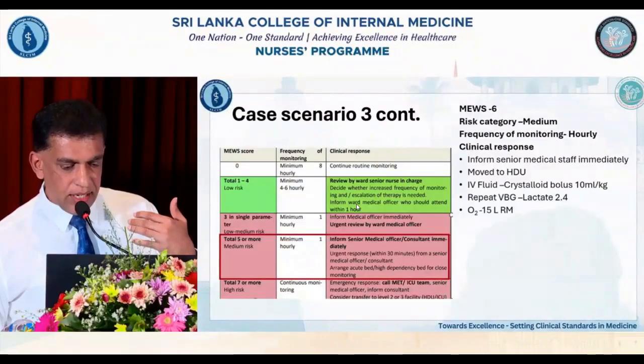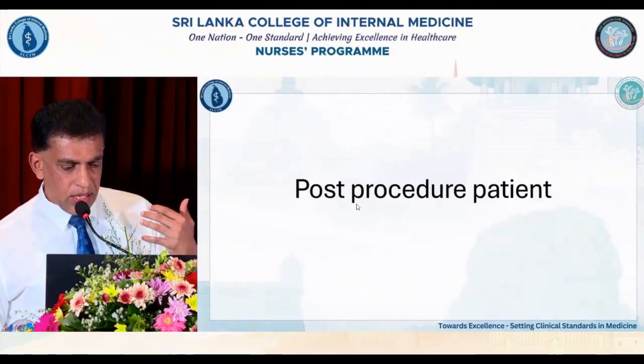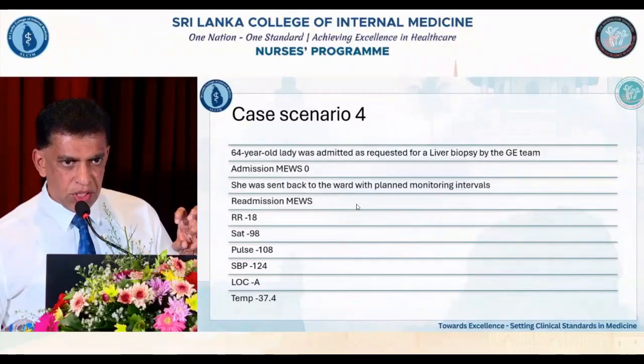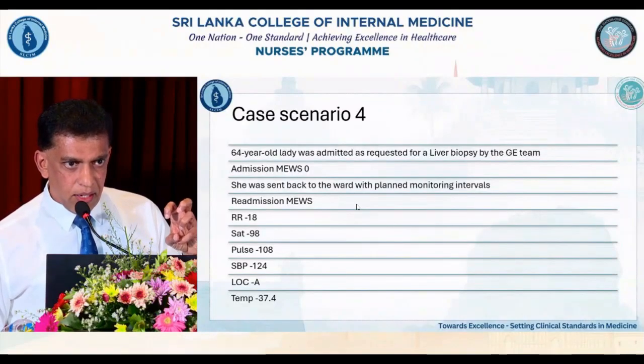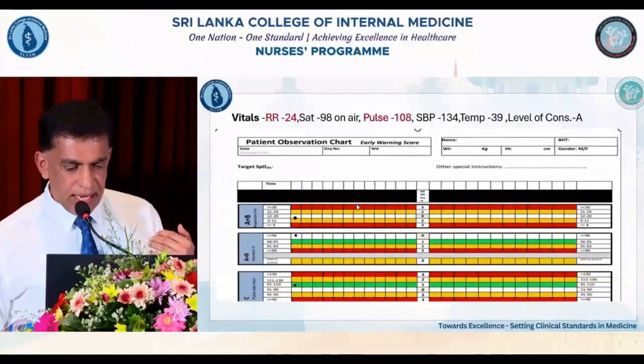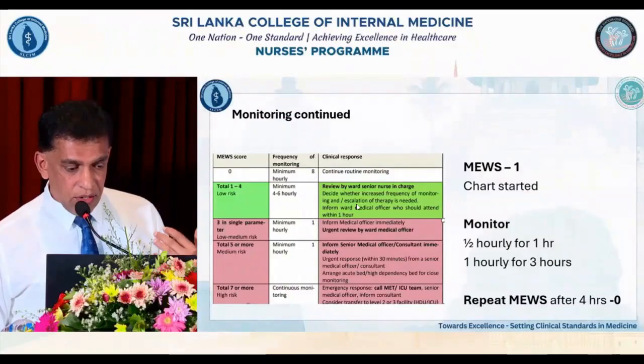So this is a change in the management depending on your MEWS. Another good example is a post-procedure patient, because this patient's MEWS was 0, but we said all post-procedure patients should have a MEWS chart initiated, and within a few hours, since the MEWS is 0, you can de-escalate and discontinue this monitoring.